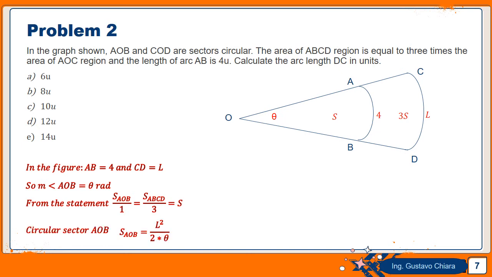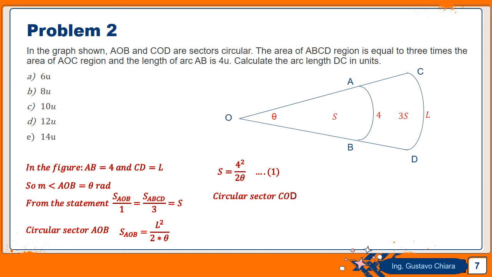So in the same way as problem number 1, the formula that we need to use is the one using the length of arc and the angle. So the area AOB is equal to the length of arc squared divided by 2 theta. Well, replace values, we get S is equal to 4 squared divided by 2 theta.